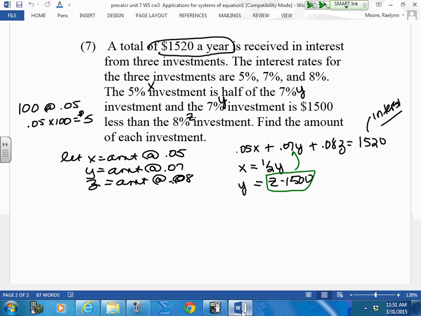You make it 2X equals Y. This is the same as 2X equals Y, isn't it? Oh, and can I make this one be in terms of Y also? Can I solve for Y there? Can I get the Z out in terms of Y?